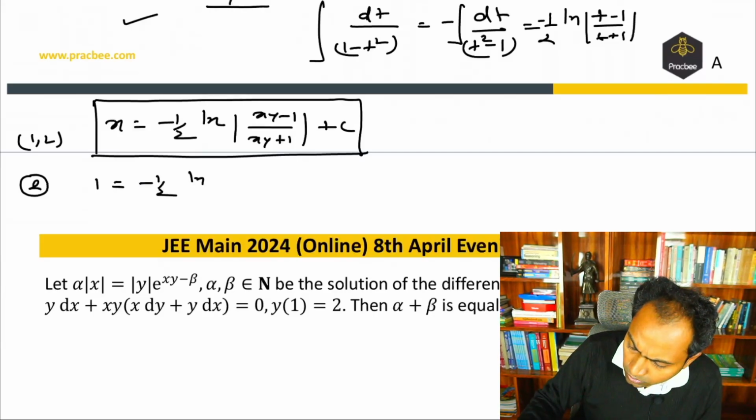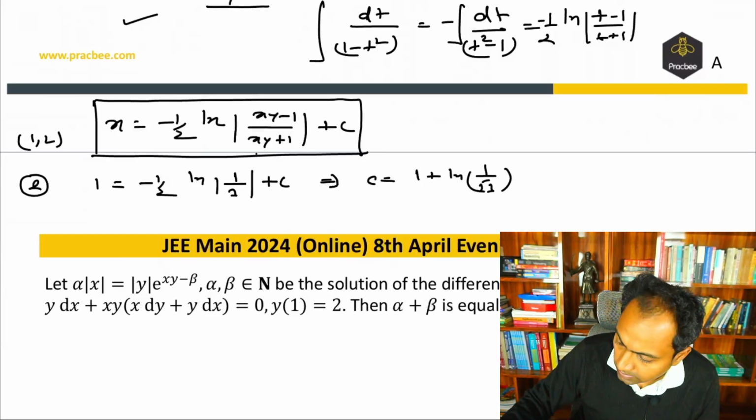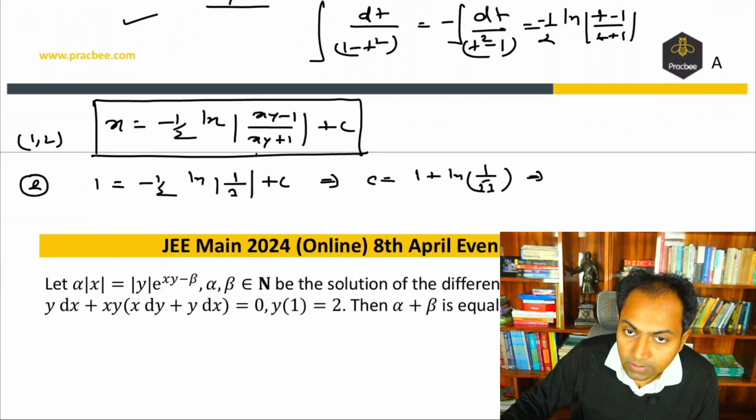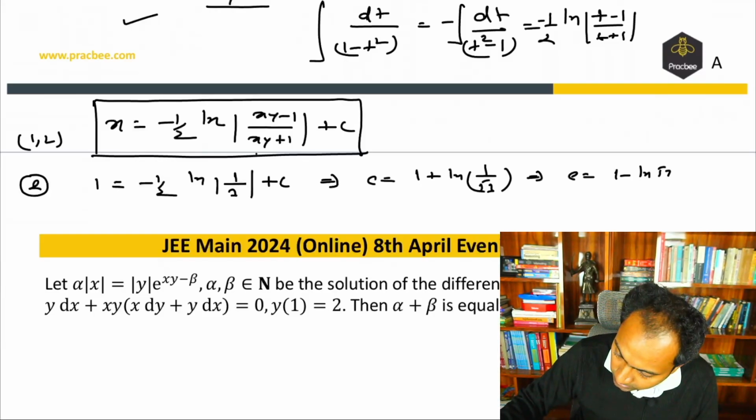So 1 into 2 will become 2 minus 1, this will become 1, and 2 plus 1, 3, plus c. So from here, if I want to get the value of c, it is 1 plus ln of 1 by root 3, and this in turn can be written as c is equal to 1 minus ln root 3. This is what we have found.